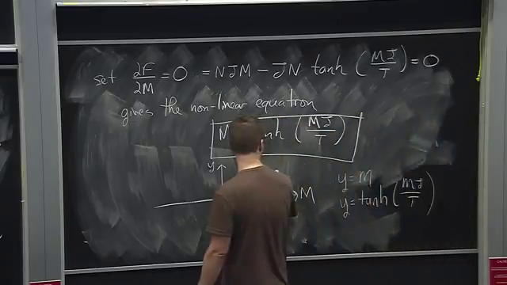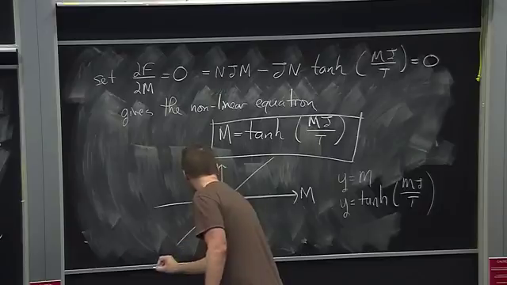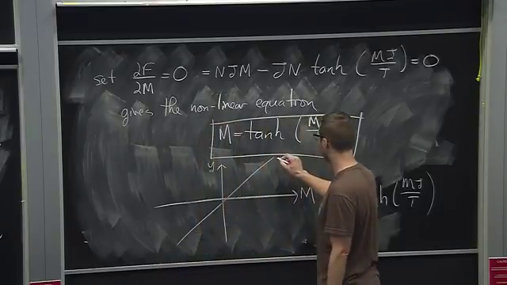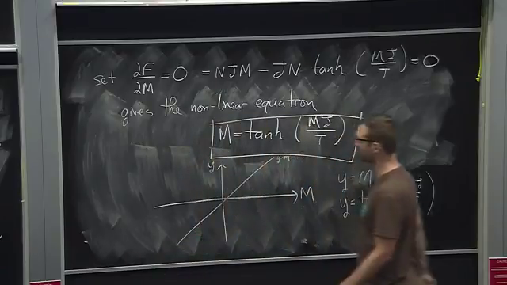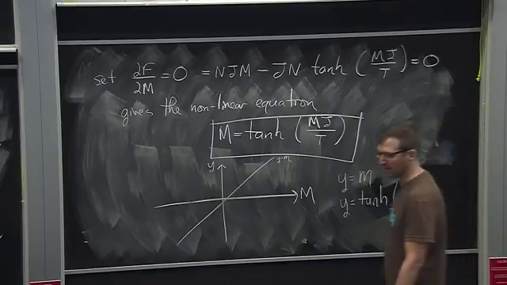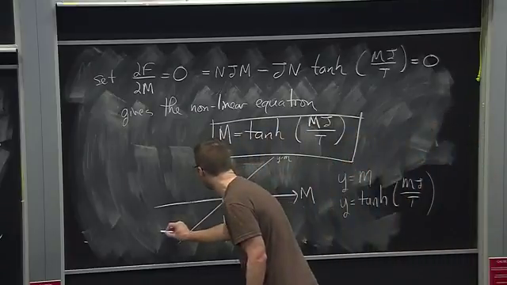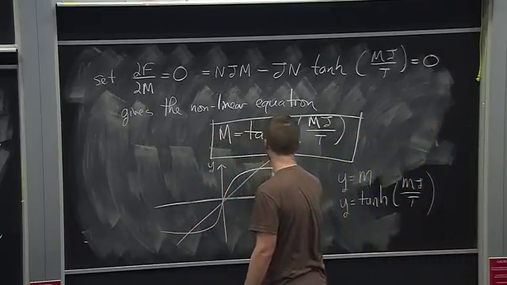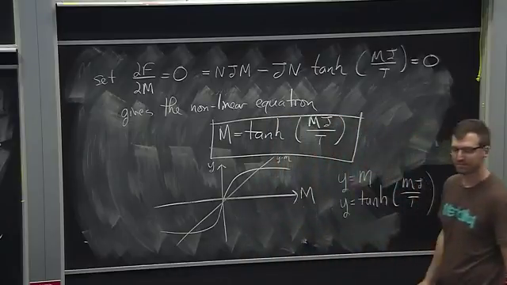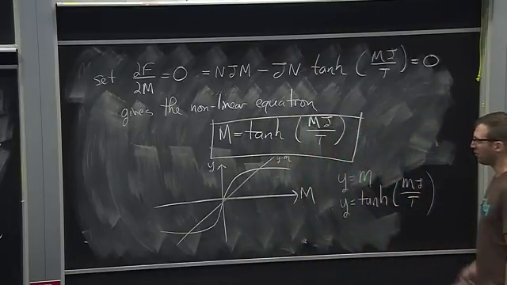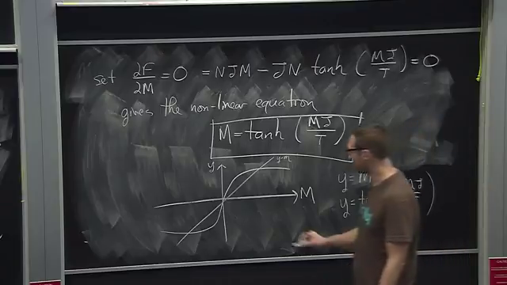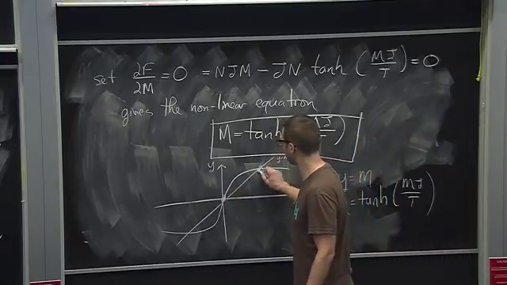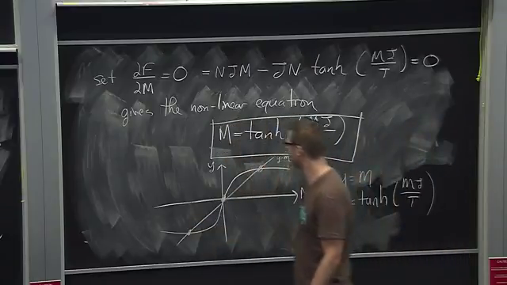So for one of these y's, oh, I missed the origin. That's y equals m. And for the other, it's some function. Something like that. And the points where the left-hand side equals the right-hand side are the solutions to the equation.